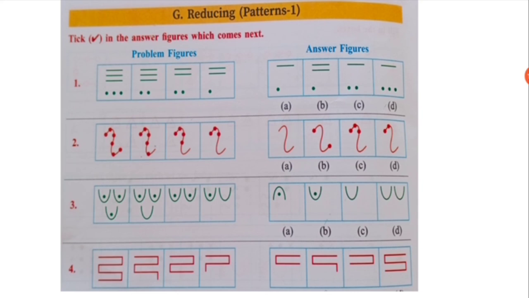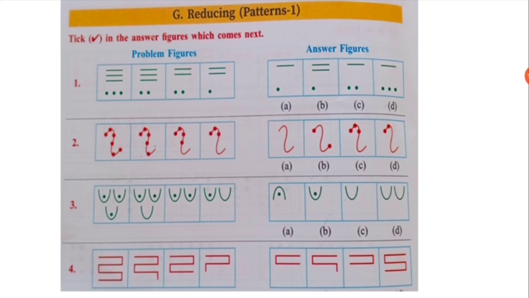Next, reducing pattern, third question: 3 half circles and 3 dots, 3 half circles, 2 dots, 2 half circles, 2 dots, then 1 half circle, 1 dot. So what will be the next?